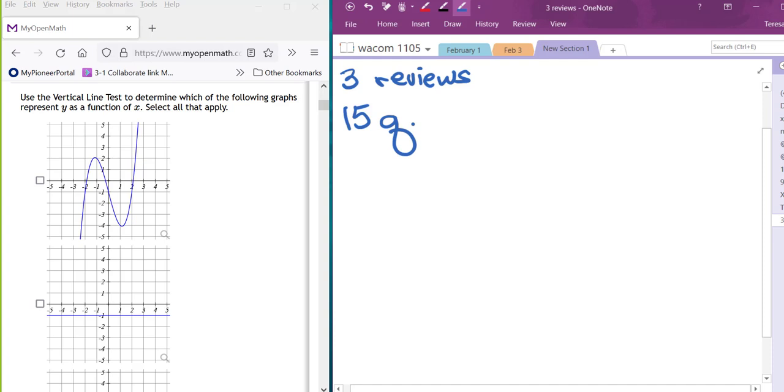Also, composition of functions. Those questions had a lot of parts. You do f of g, g of f, and then you also have f of f, g of f, and you could evaluate one at a point. So, you know, expect those two to have extra questions in there.